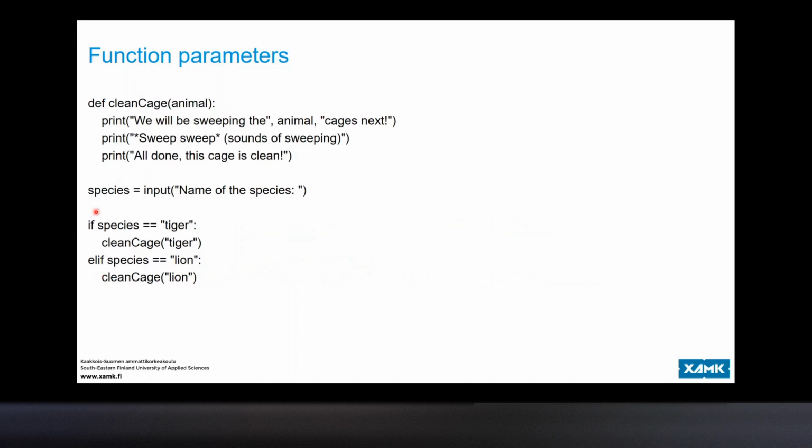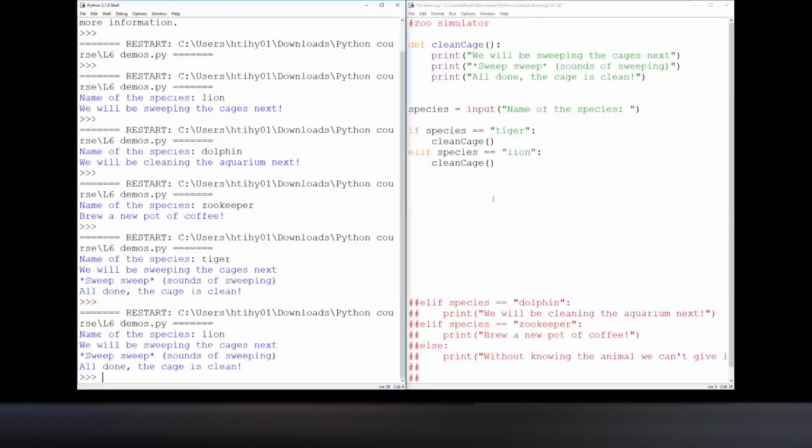So in our animal or zoo simulator, we might do something like this. So let's add one parameter to our example. I'm going to add this parameter animal inside this clean cage function.